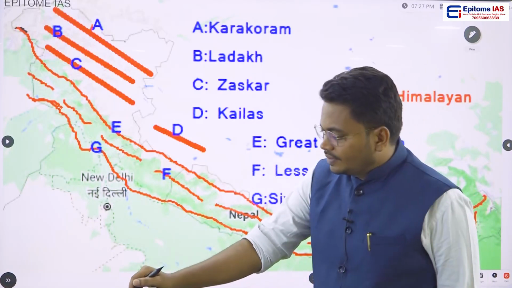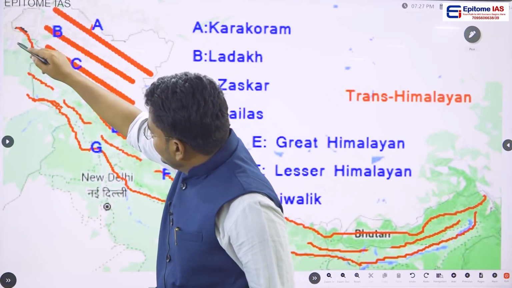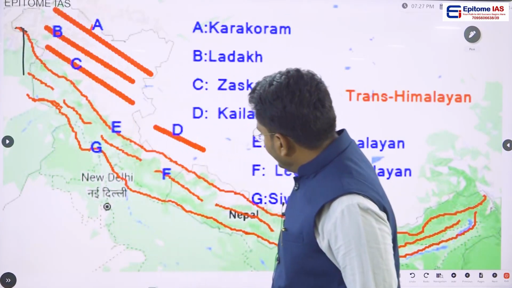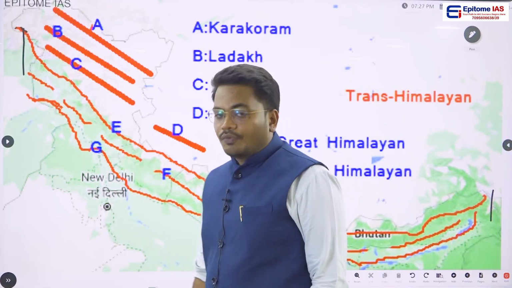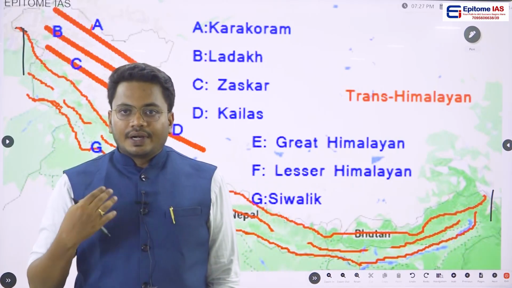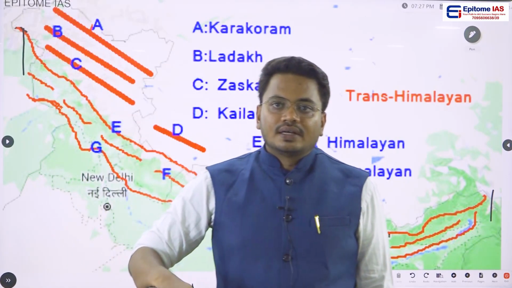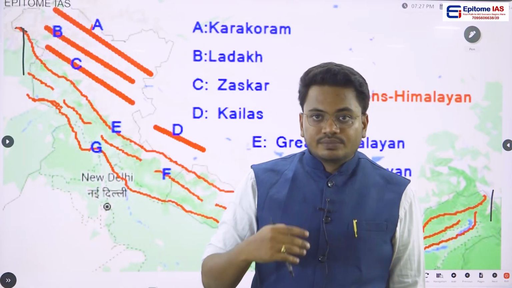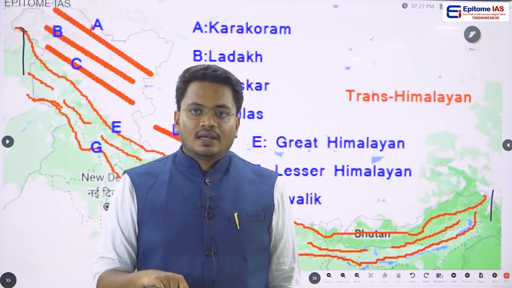Now the point here is these Himalayan mountains start in Jammu and Kashmir and they end in Arunachal Pradesh. Now, if you want to understand these Himalayan mountains, we have to understand them in terms of longitudinal extent as well as in terms of latitudinal extent.